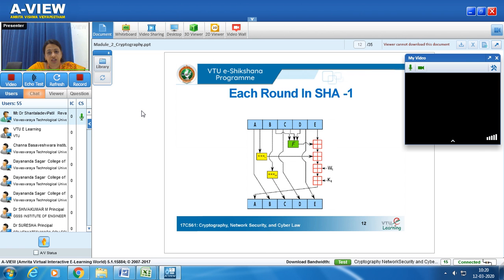Now continuing to the next round, this will form the input, and the same thing can be repeated. This is what happens in each round of SHA. Once this is done 80 times, we get the hash value.